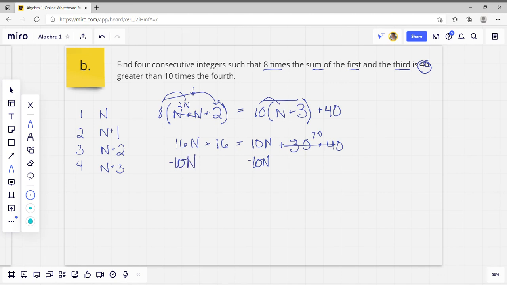And I'm going to have 6n plus 16 equals 70. It's just the 30 plus the 40.